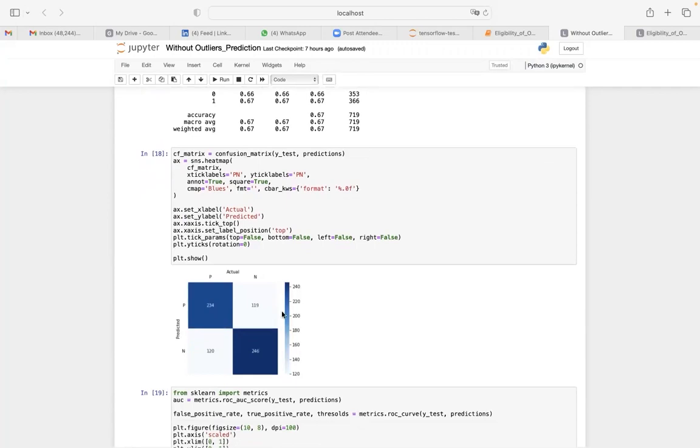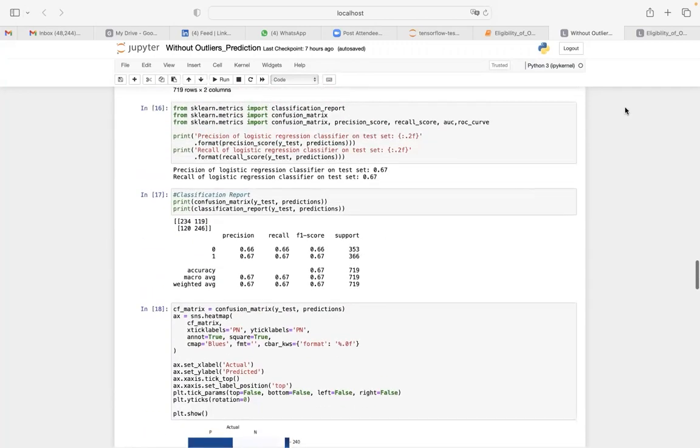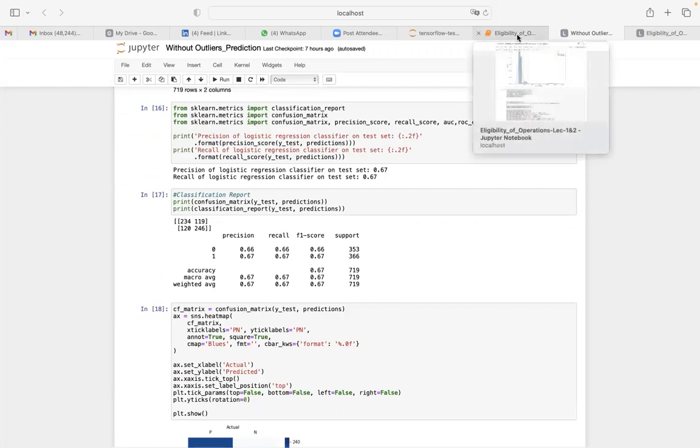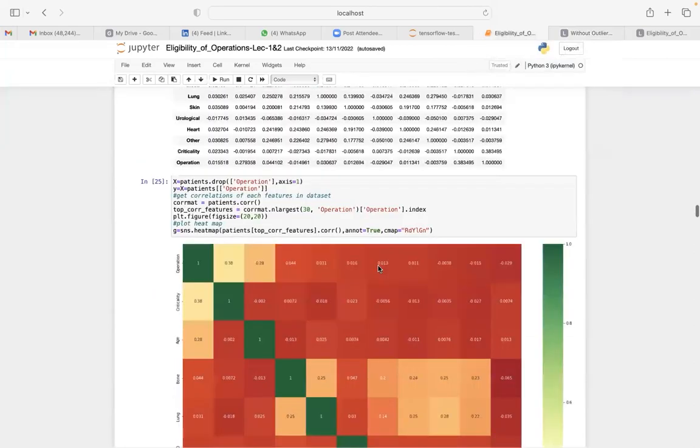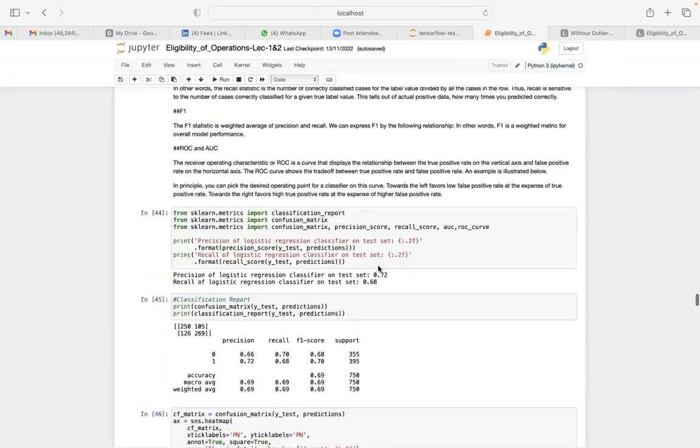Okay, so for those things that we discussed a few minutes ago for the entire data set, where we replaced it with the median value, you can compare the values. It is coming out to be 67 in terms of recall. Here we were getting a good 68.